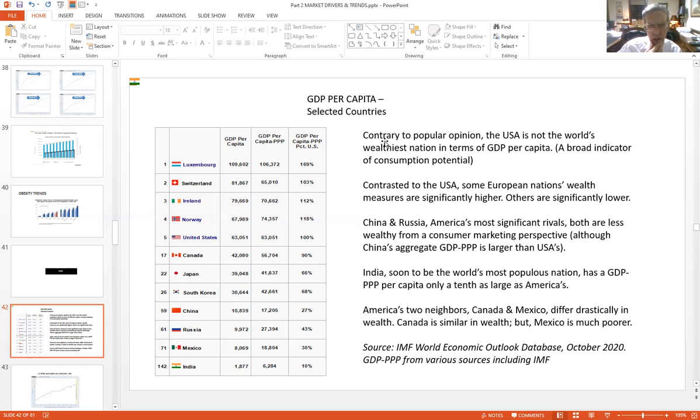What's 30% of 1.2 billion? 360 million. How many people total live in the US? 330 million. My God. The middle class and higher, the people who can afford to buy things in China, outnumber the entire population of the United States, and its GDP per capita on average is rising.